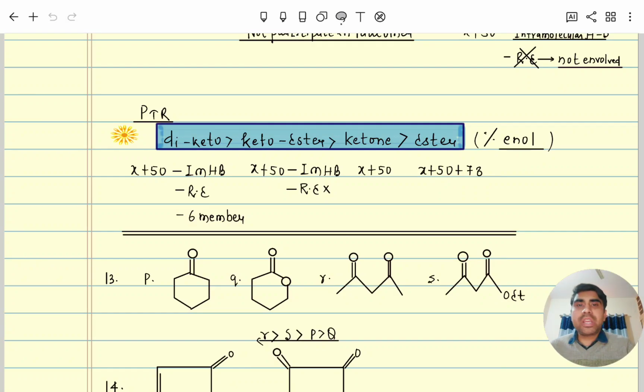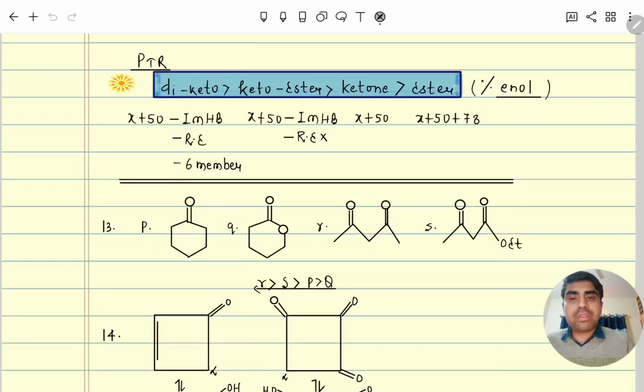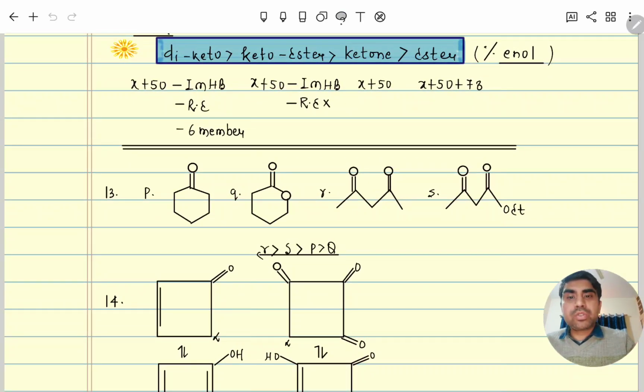So that also we'll see. Like here, if this example is given, here this is ketone, here it is ester, here it is 1,3 diketo, and here it is keto ester. So which one will be first? Diketo first, then keto ester, then ketone, then ester.